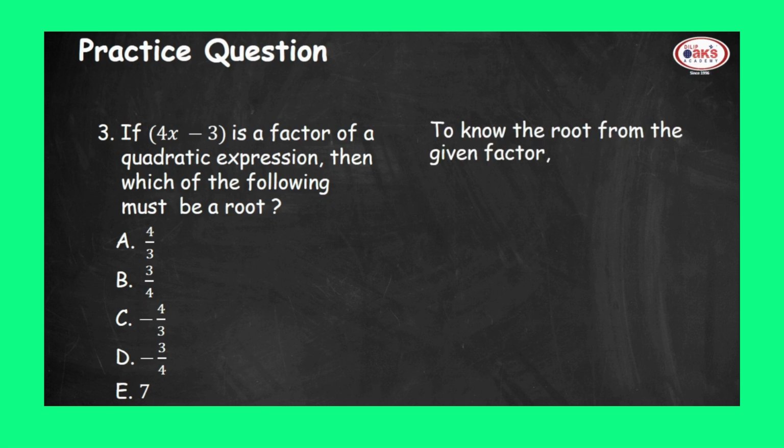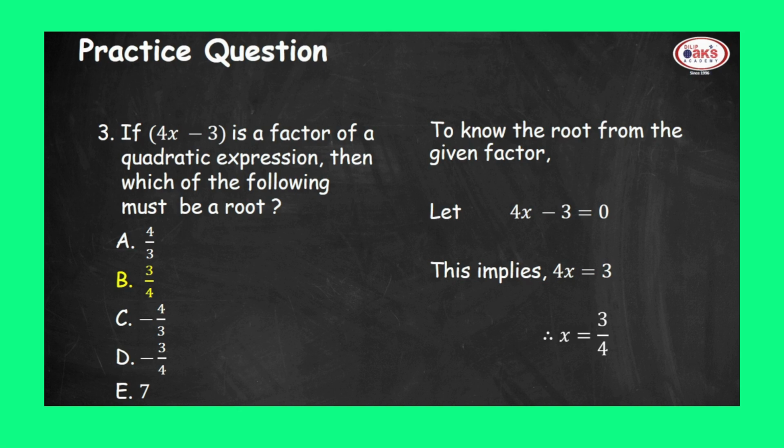To know the root from the given factor, what we can do is we can equate the factor with 0. Therefore, I am letting 4x minus 3 to be 0, which gives us that 4x is equal to 3 and therefore x is equal to 3 by 4. As simple as that. Hence, we will mark option B and go ahead.